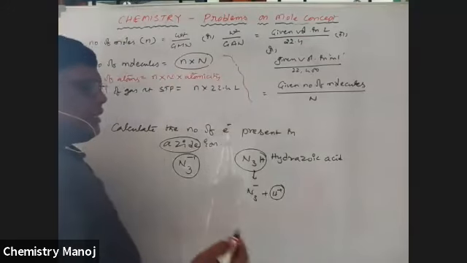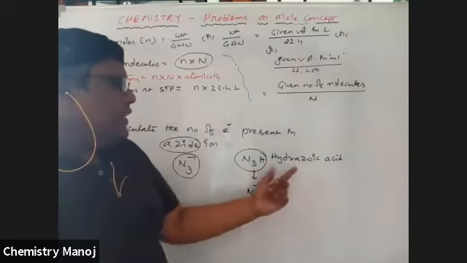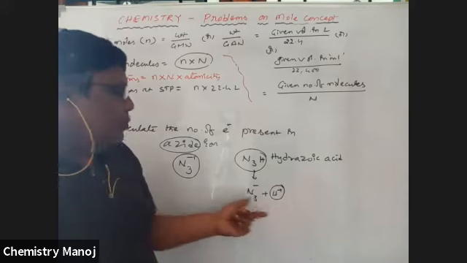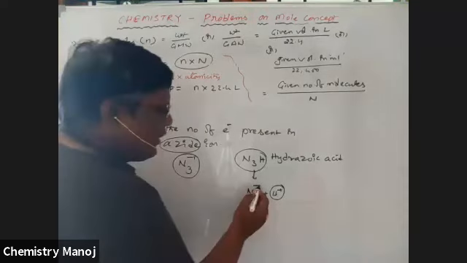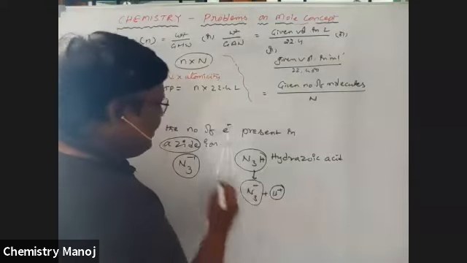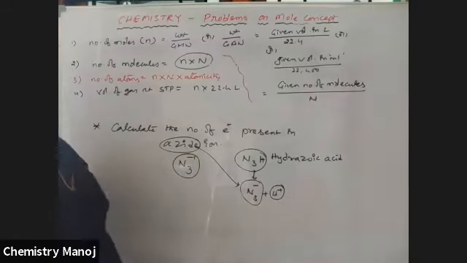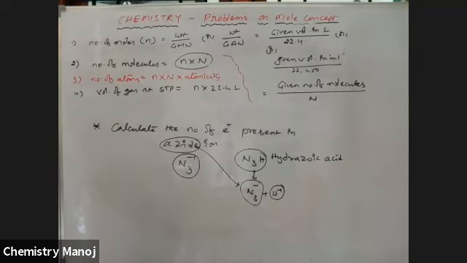Everything which liberates H plus ion is called an acid. Hydrazoic acid liberates H plus ion, leaving this ion, N3 with minus charge, which is called azide ion. So if you know azide ion, now I am going to calculate the number of electrons present in azide ion.